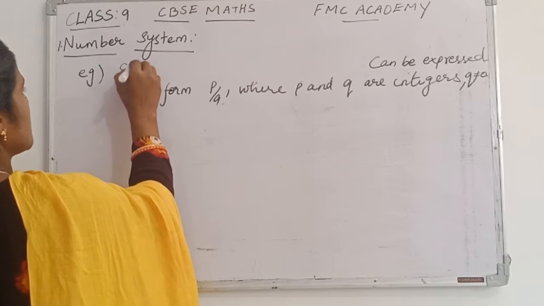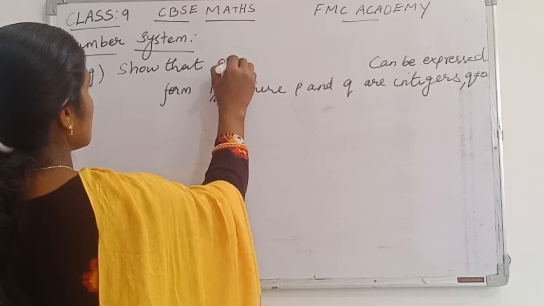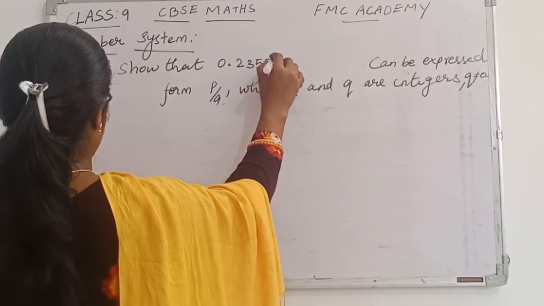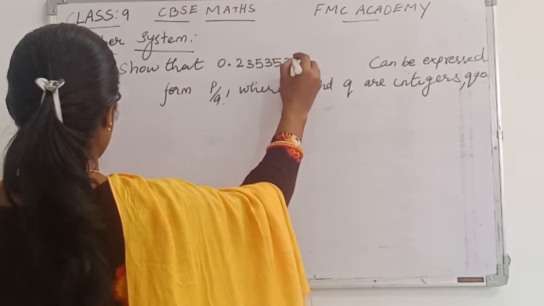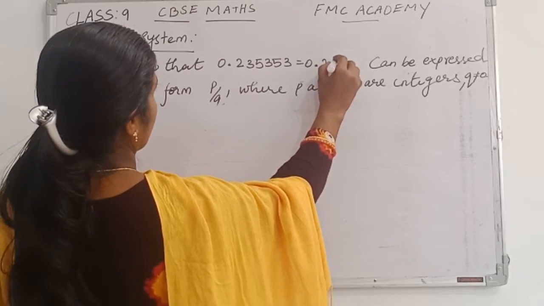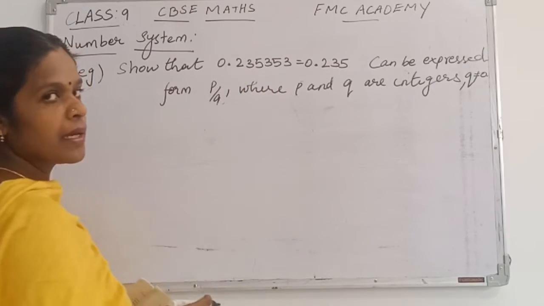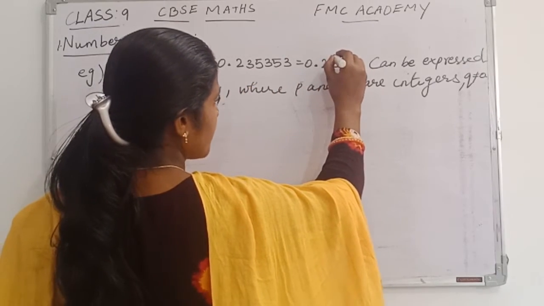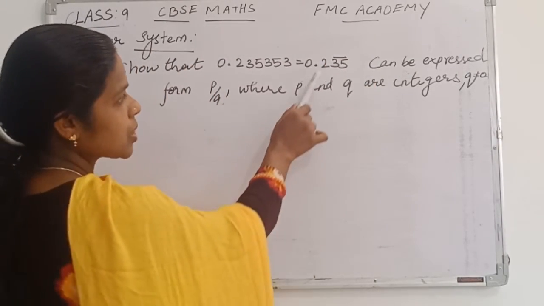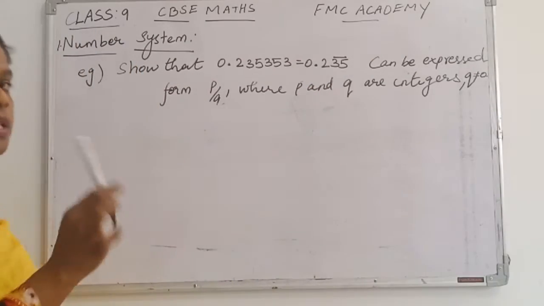Show that 0.2353535... So here 0.235. If you see in this one, this 35 is repeating again and again. So it means on top of 35 you will put the bar. 2 is not repeating. Be very careful. In this one, the bar symbol is only on 35. 2 is not repeating. So 2 digits are repeating here.